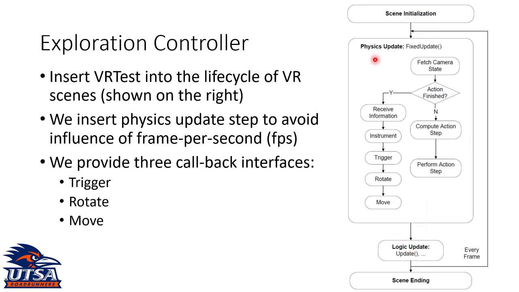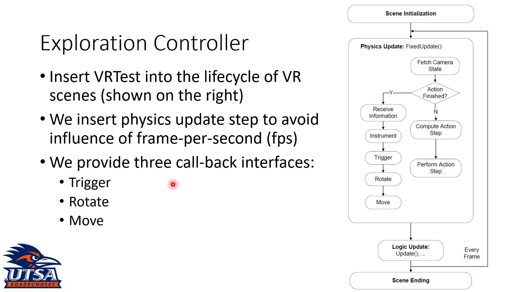We put it in the physics update because the physics update is mainly for physics movement, which is what our camera is doing. Also, when the code is put into the physics update, it is executed 50 times per second, and will not be influenced by the logic updates, which are mainly affected by the actual code of the VR application.